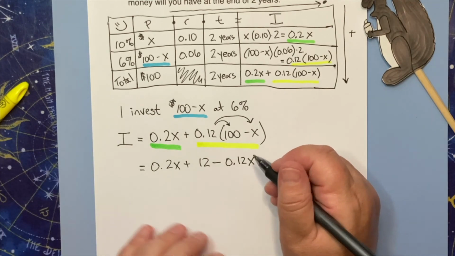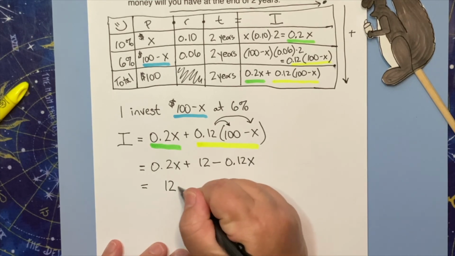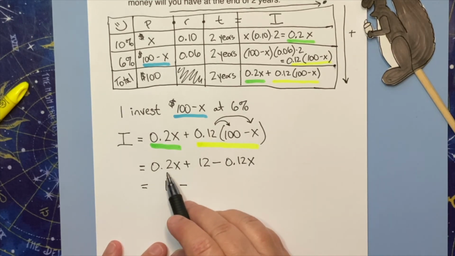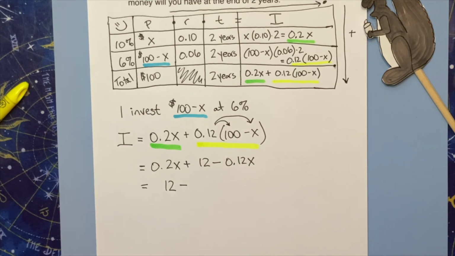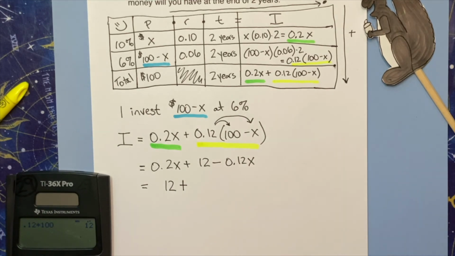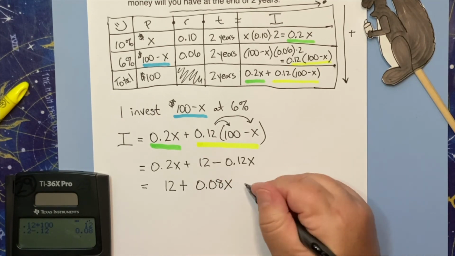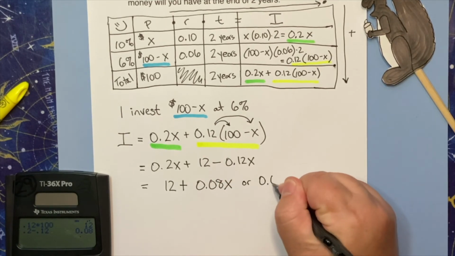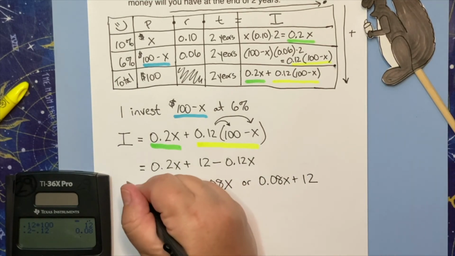And then I can combine the x's, and then I get 12 plus 0.2 minus 0.12, which equals 0.08x. So 0.08x plus 12. And that's my interest.